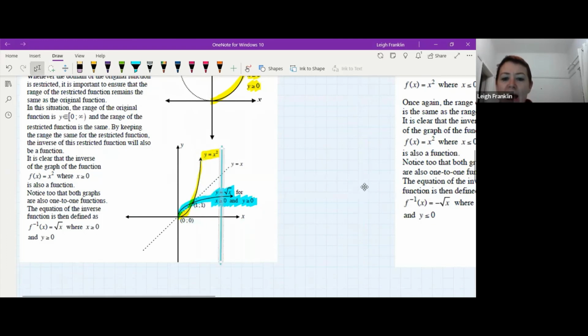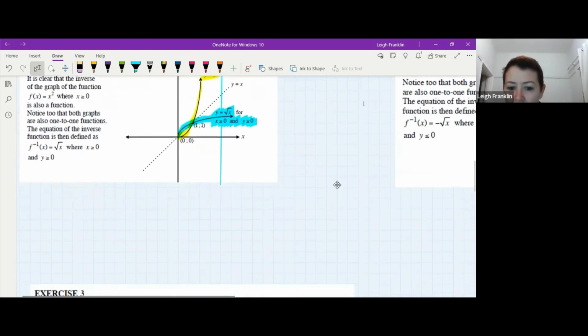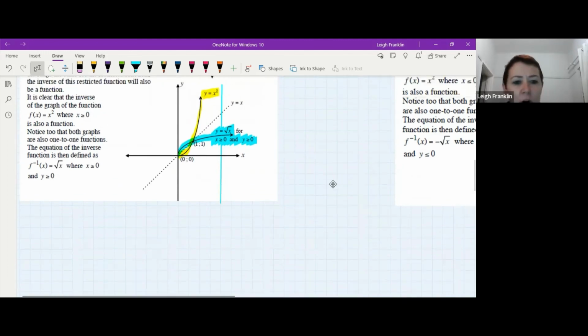Is it a one-to-one function or a many-to-one function? I'm talking about the inverse now. A one-to-one. Okay, it's a one-to-one. So again, if you wanted to double check on that, you could do the horizontal line test, and you would see that it would only cut once as well. Okay, just in case anybody ever asks you that.